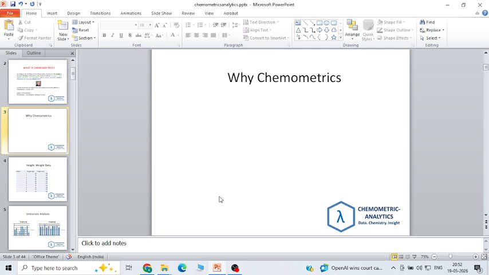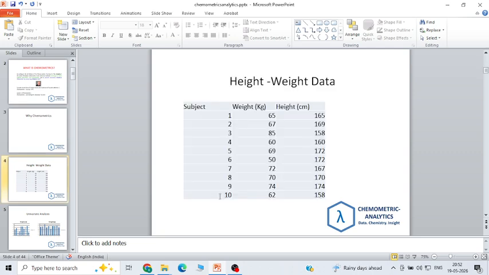To appreciate the beauty and the magic that chemometrics brings to us, we could take a very simple data set consisting of just 10 individuals, and we have their height and weight. In the first column you have the subjects or the individuals. In the second column we report their weight, and in the last column we report their height.